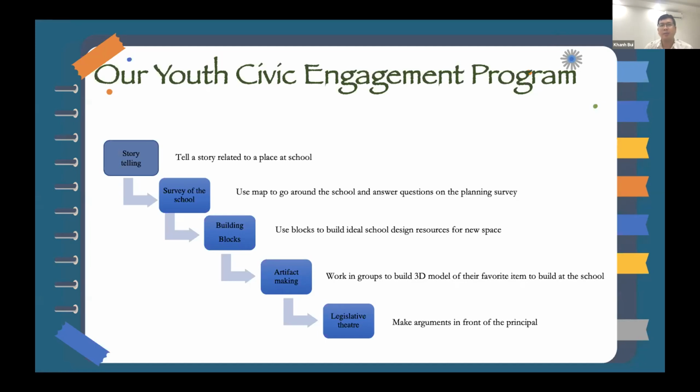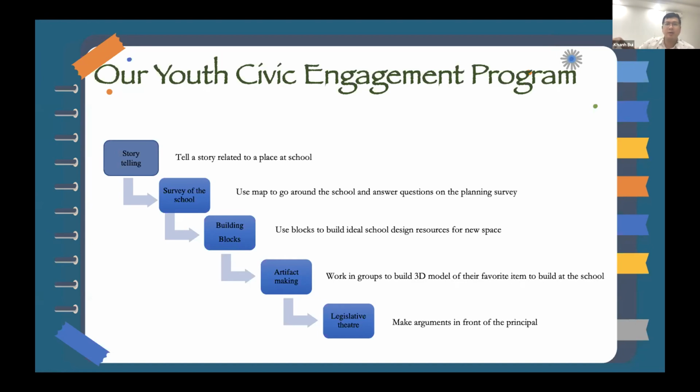After that, we move on to the second stage, where the students go out and go around the school, and they survey the school with the support of an urban designer. The reason we have the urban designer here is to support the students so that they can deepen their disciplinary knowledge about the field.